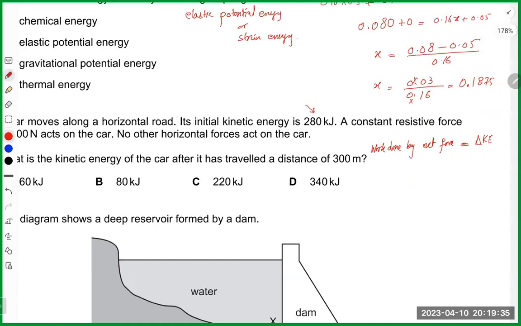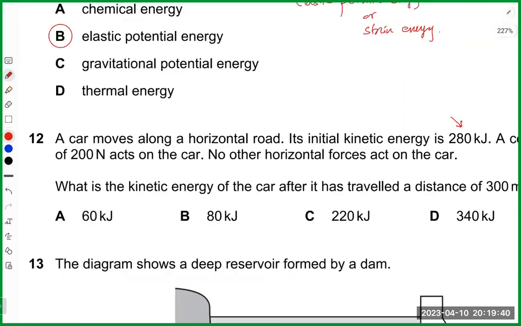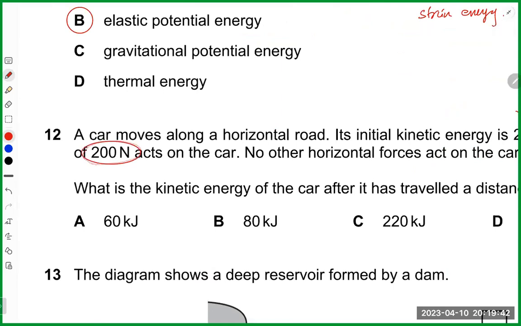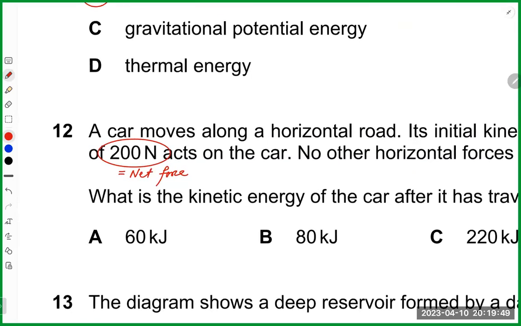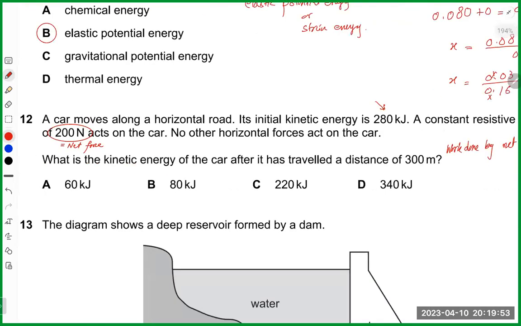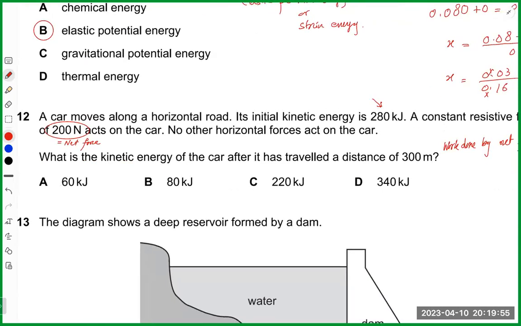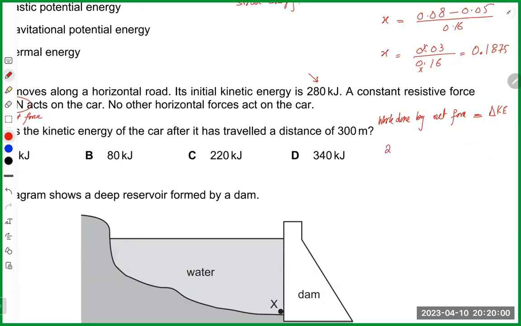A constant resistive force of 200 Newton acts on the car. No other force is acting. So if the resistive force is acting, then this is the net force. Because it is a resistive force, it will be opposite to the direction of motion. That's why it will be reducing the kinetic energy. So here's the equation. 200 multiplied by 300, which is work done by the net force, equals change of kinetic energy.